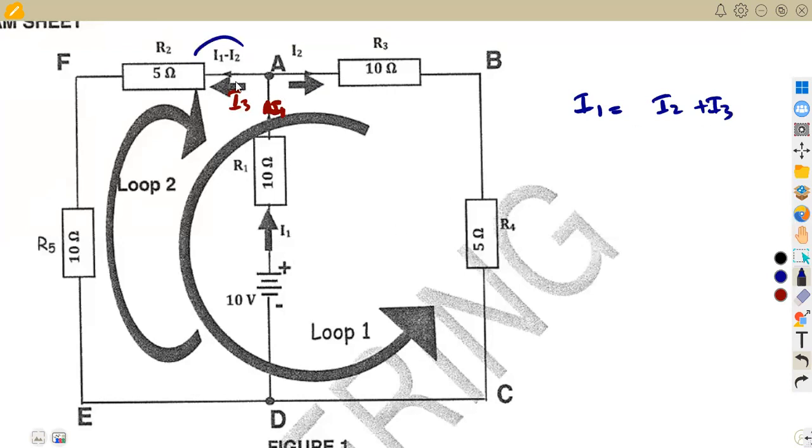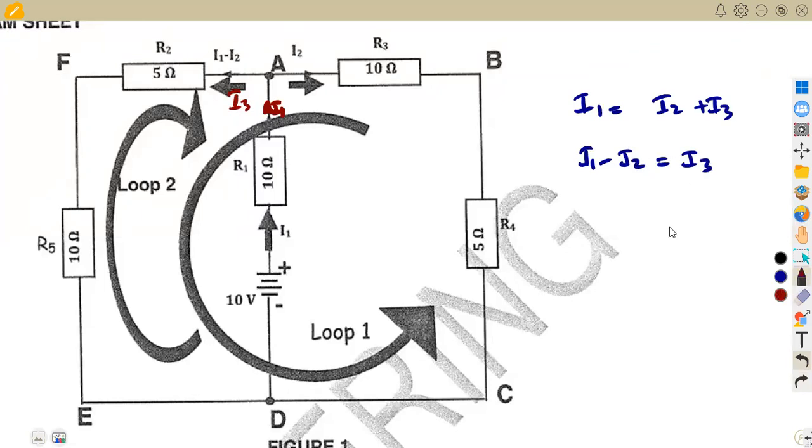What simply happened here is that we made I3 the subject, because we just want to maintain working with two unknown values instead of three unknown values. So that will be I1 minus I2 is equal to I3.